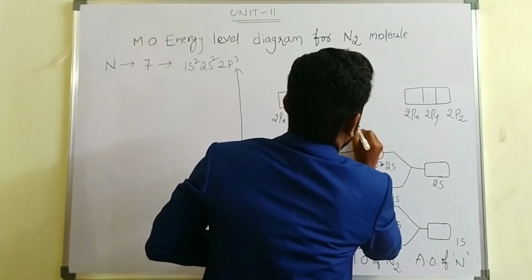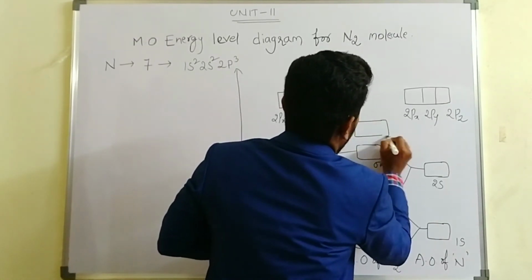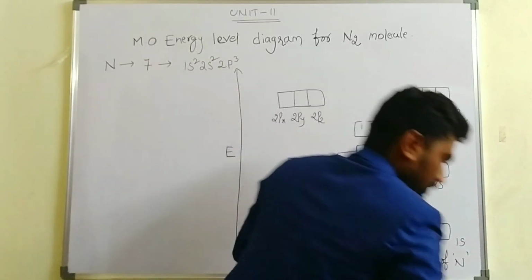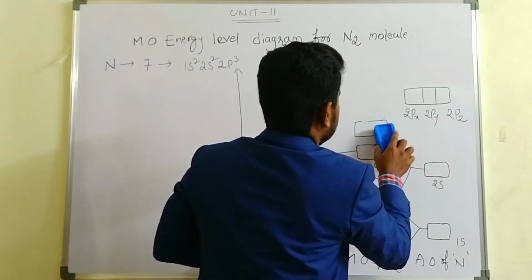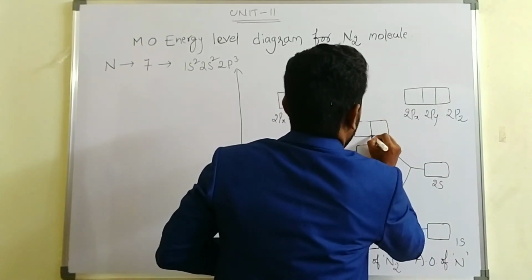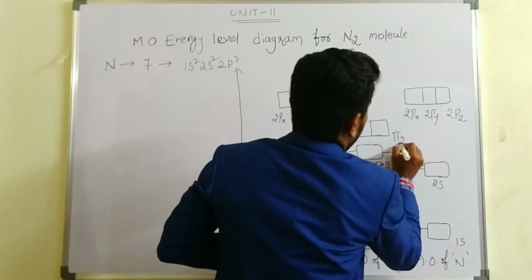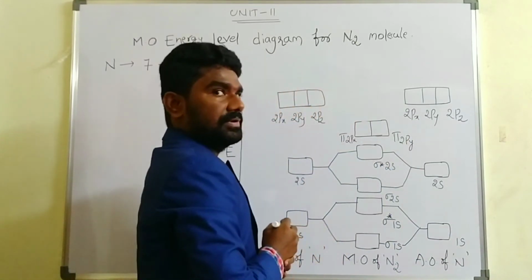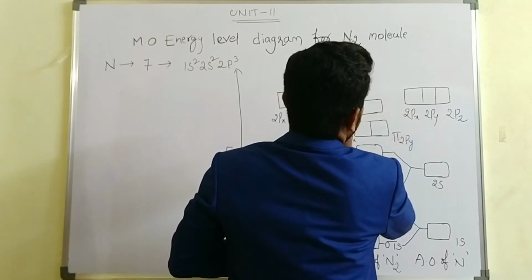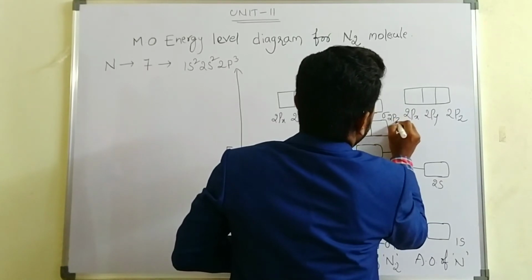For that, the lowest energy molecular orbital from the p orbital overlapping is pi 2px, pi 2py. After that, we have the orbital that is sigma 2pz.